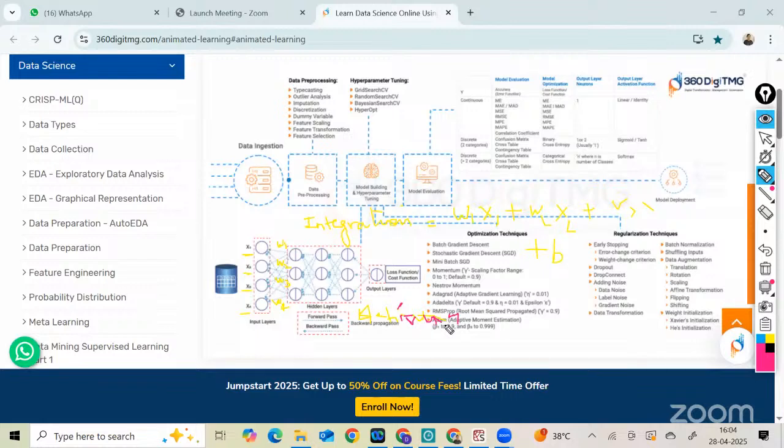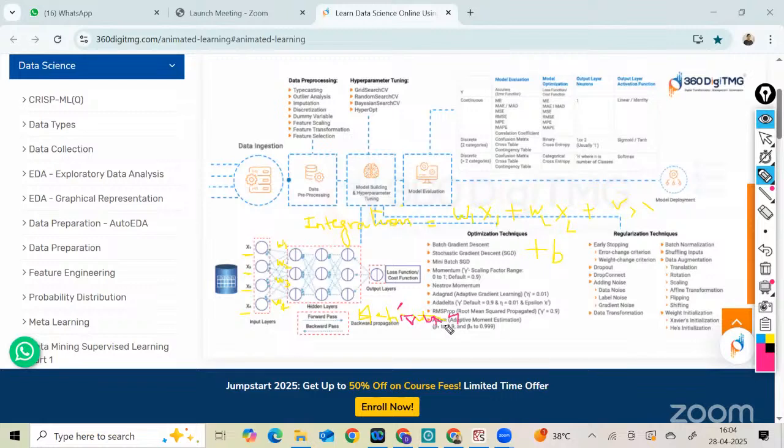After doing the dot product, we will get a value called z. This is called the integration function.